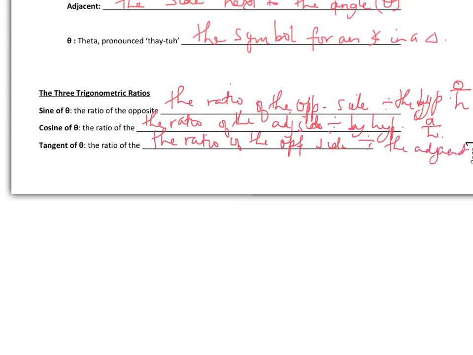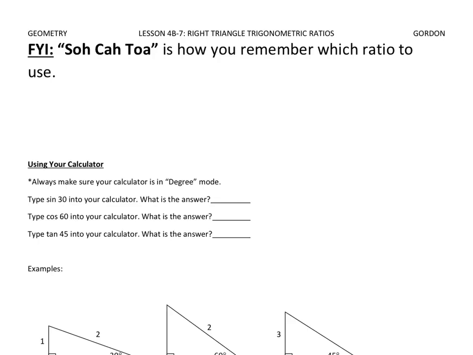So we end up with O over A. And then we're going to find out what a simple acronym is to remember all of this. Here's a simple acronym to remember all of this: SOHCAHTOA. So sine theta is equal to opposite over hypotenuse. Then we have CA.